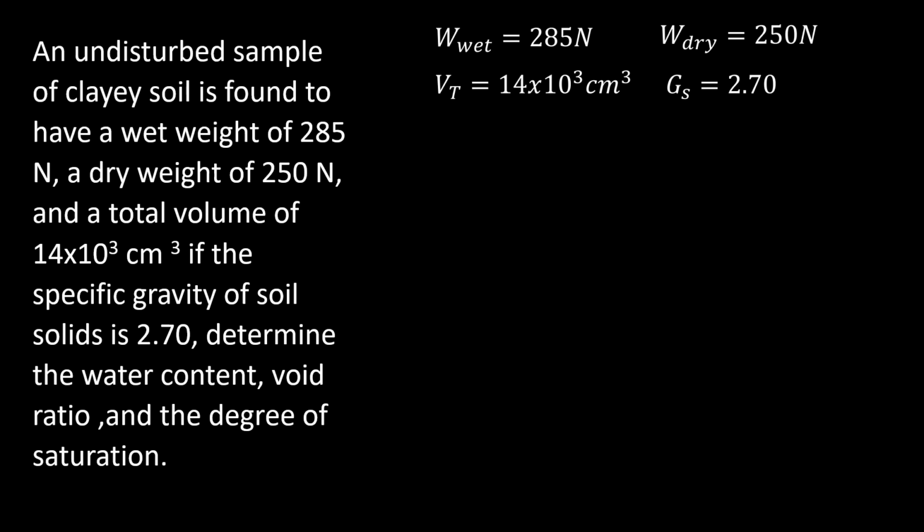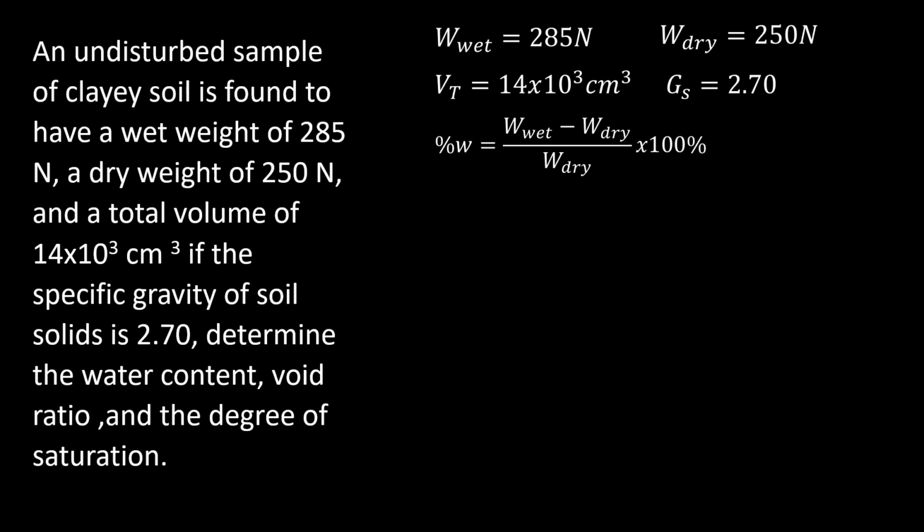Now, it's about time to calculate for our water content. And the formula for water content is this one, wet weight minus dry weight over dry weight times 100%. Now, coming up next is our direct substitution to the formula.